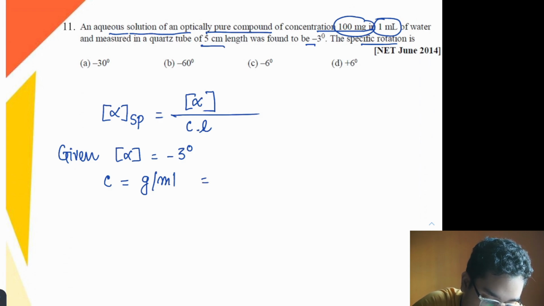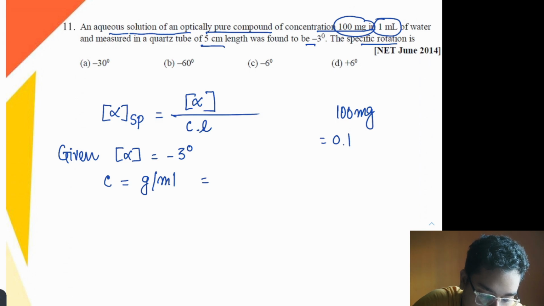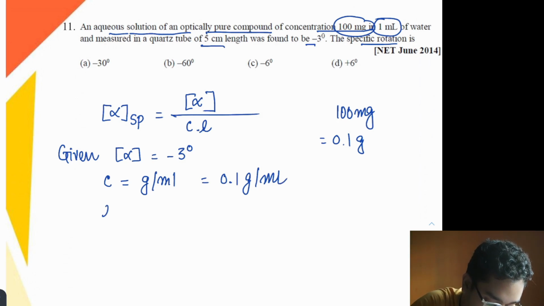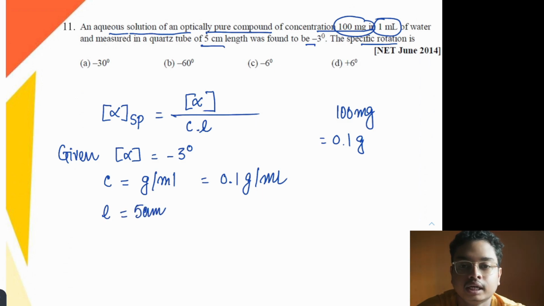Okay, concentration should always be in gram per ml. Here it is written 100 mg. 100 mg means 0.1 gram. That means 0.1 gram per ml, since it is 1 ml of water. And the quartz tube length L is 5 centimeter. But I hope you remember that when we deal with optical activity questions, we take the length in decimeter scale.